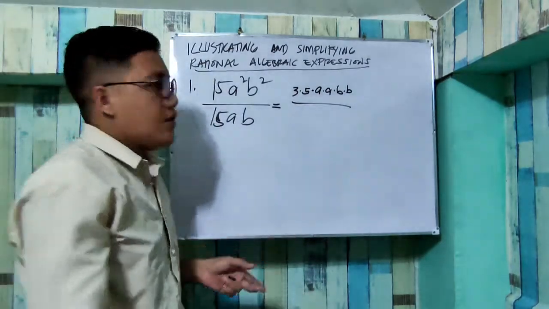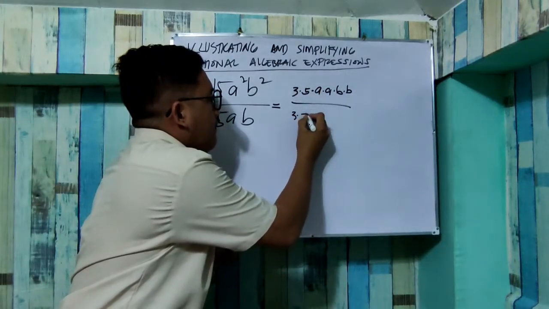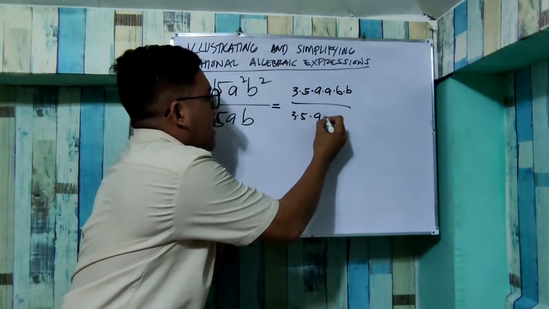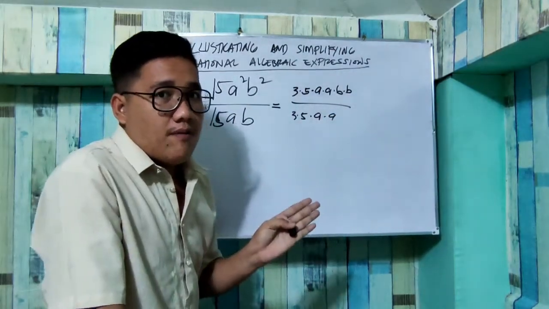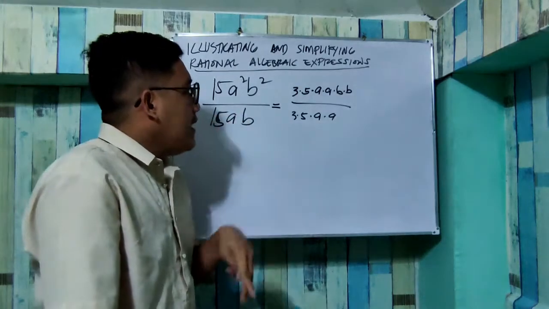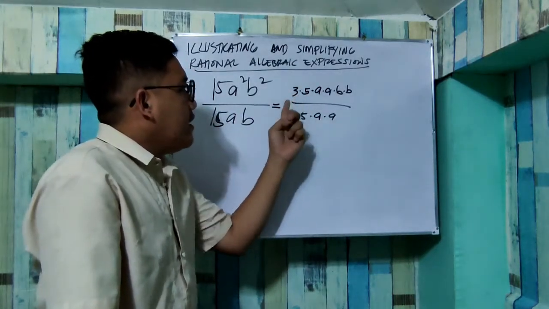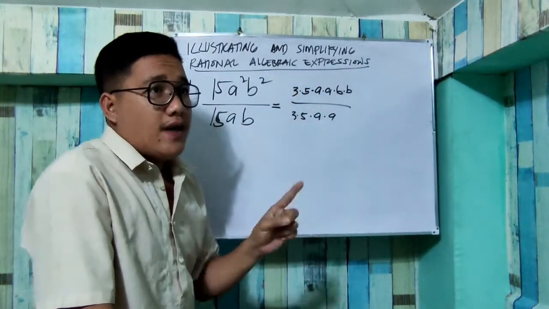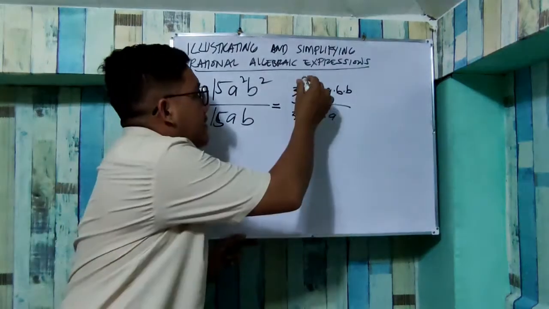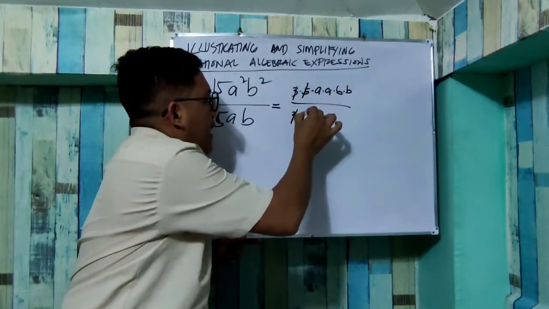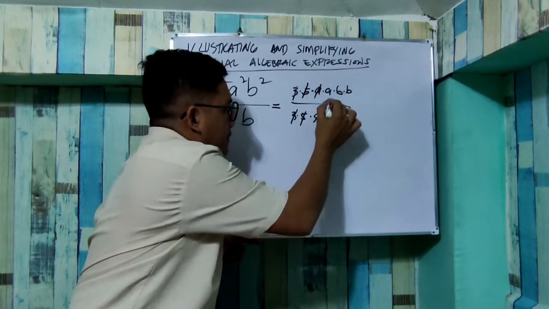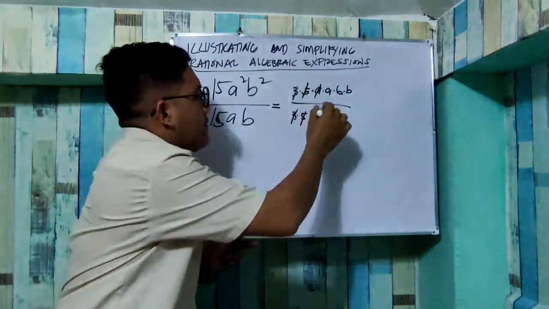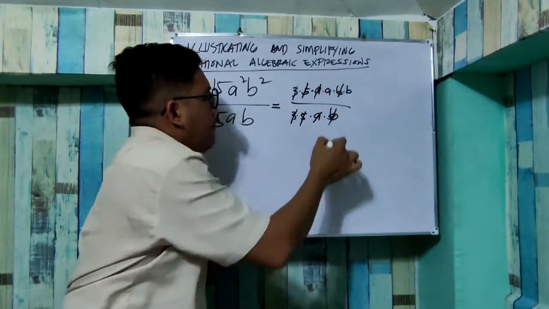So, sa denominator naman, same, 3, 5, isang a, isang b. You can just divide out the common factor. So, ibig sabihin, i-divide natin yung 3 divided by 3, that is 1, so no need to write 1. So, ikakancel na lang natin. 5a, this is b. Mali pala tayo kanina. So, this is b, b, b.